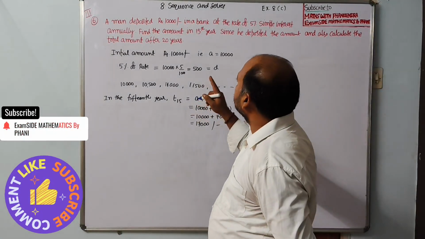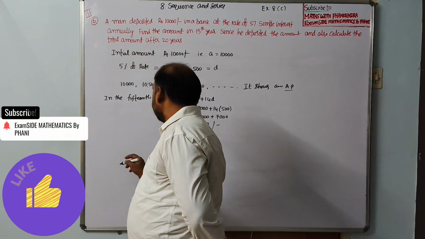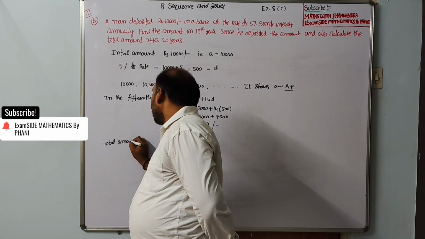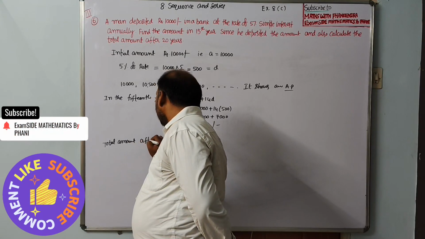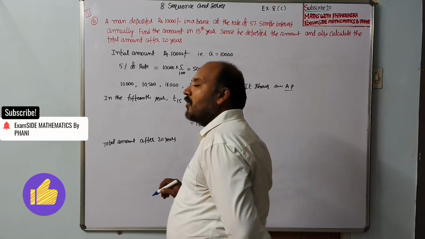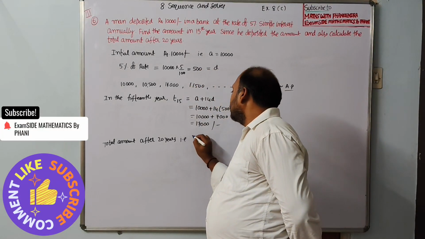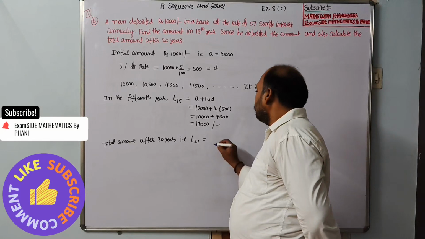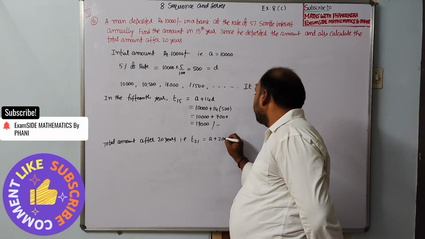So they are asking for the total amount after 20 years. After 20 years, that means T21 if we calculate it. So A plus 20D.